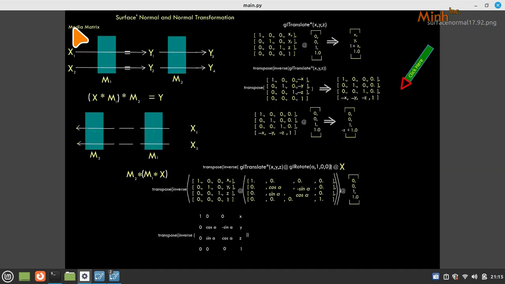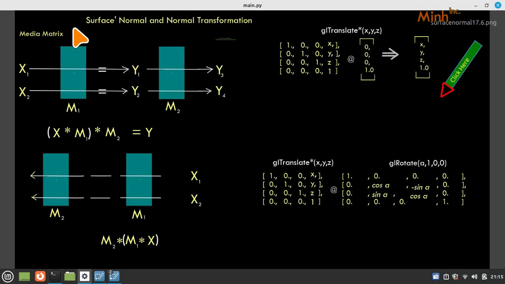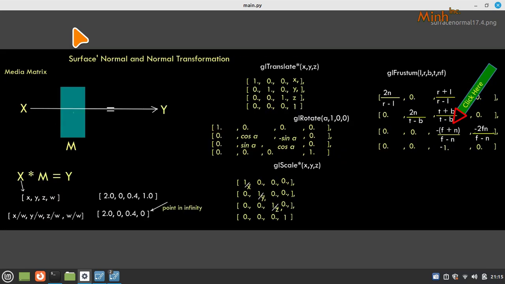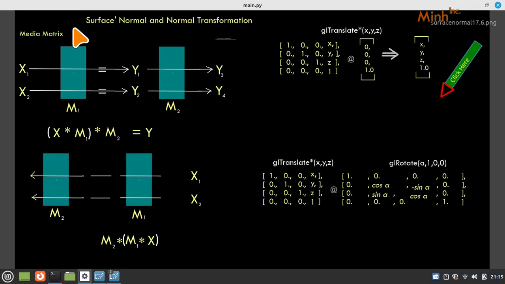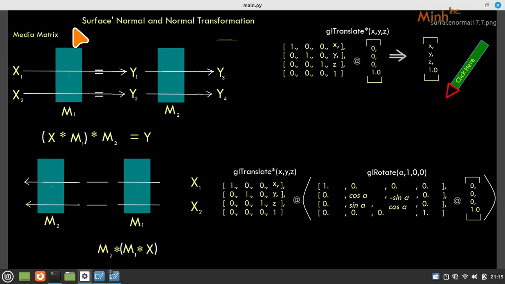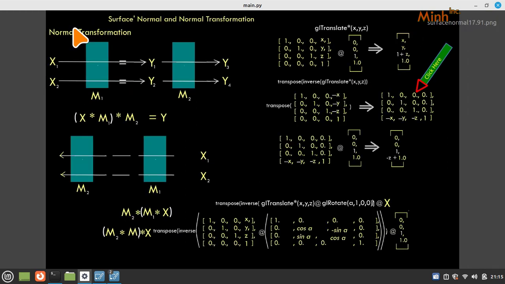Have we seen this matrix around? Nowhere. Okay, so we have not seen this matrix anywhere.